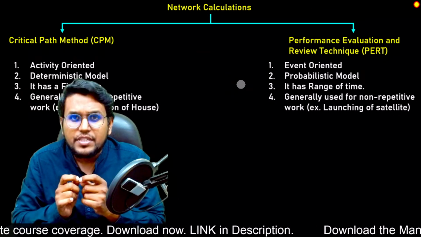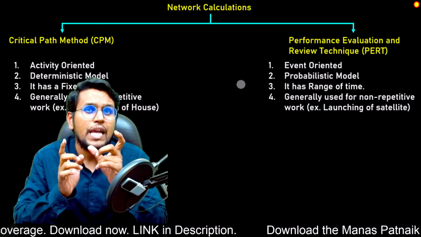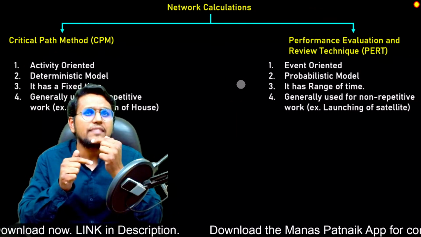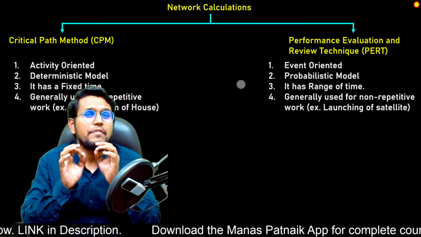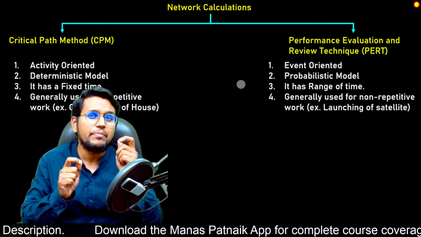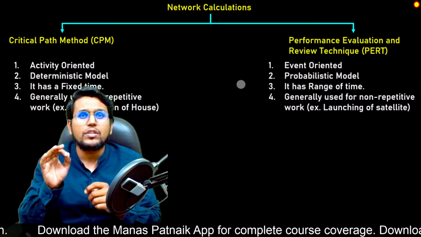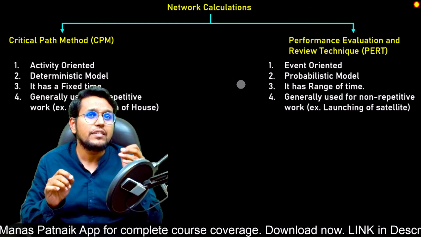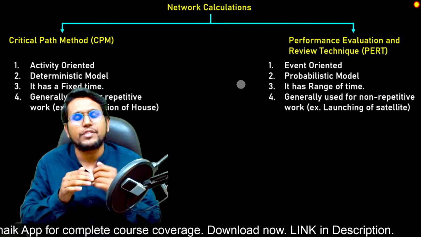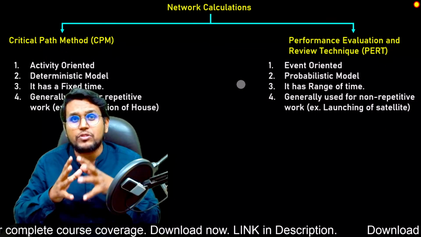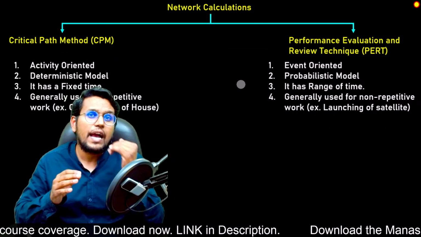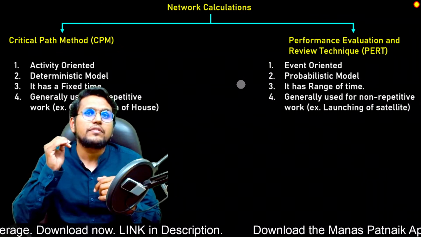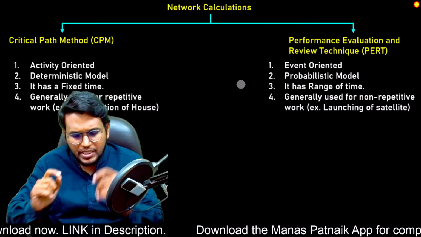So it is less bothered about the time an activity consumes, because it has a range of time. It does not have a very fixed time, just like CPM. That's why we focus on events in PERT and on activity in CPM. That is a very common question you find in competitive exams also, that CPM is activity based and PERT is event based.